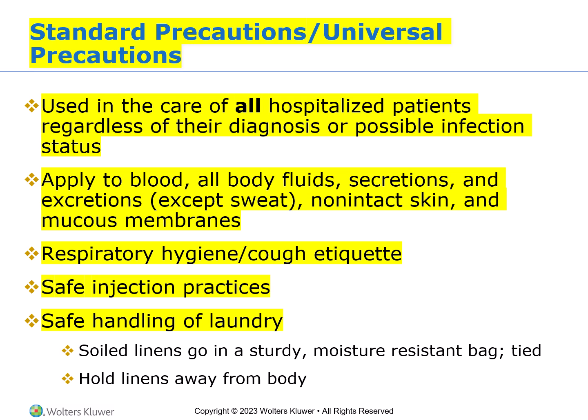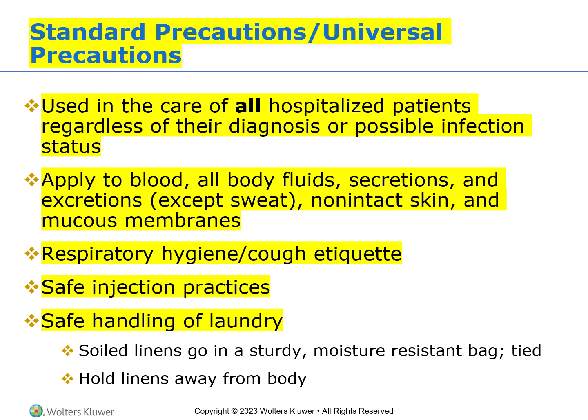We're holding them away from our body, and then putting them directly into some kind of bag in the room. We're not toting them around the hallway looking for the linen hamper. We're going to bring that linen hamper to the door and toss them right in. Or if they're really damp, we're going to put them in some kind of plastic bag, and then follow our organizational policy for linen laundering. All of these are components of standard precautions.